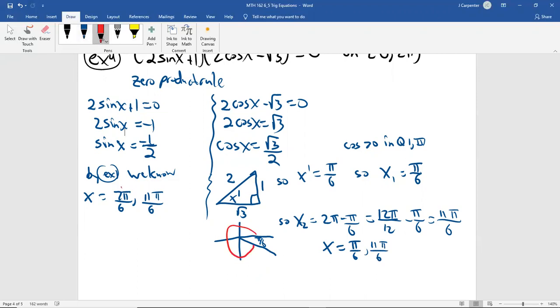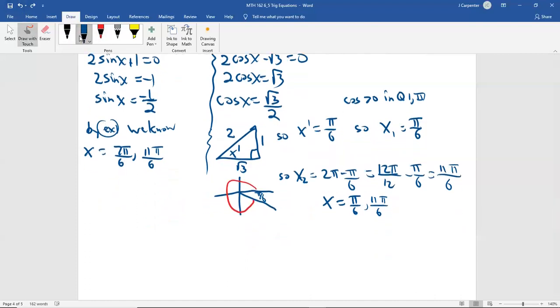But our solutions are all of them, not just the sines problem, not just the cosines problem, it's all of these. But look really carefully. What do you notice? That's right, that you answered to yourself, I hope. 11 pi over 6, 11 pi over 6. We saw the same solution twice. Do we really need to write the same solution twice? No, we don't. So since we have an overlap, we're only going to write it once.